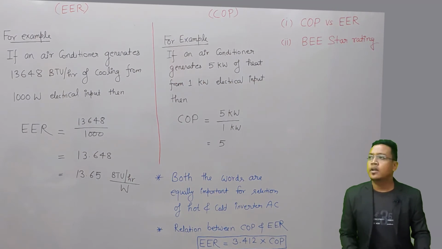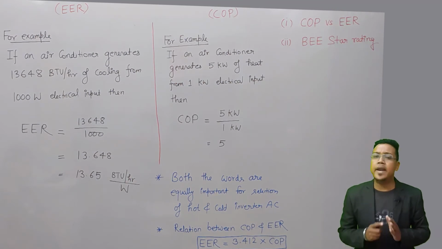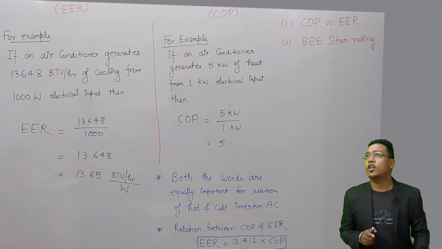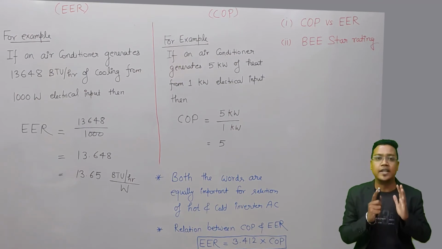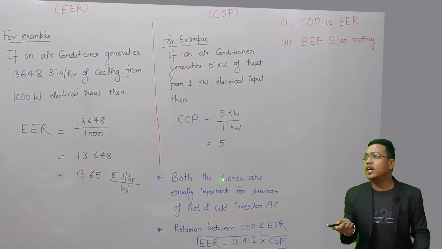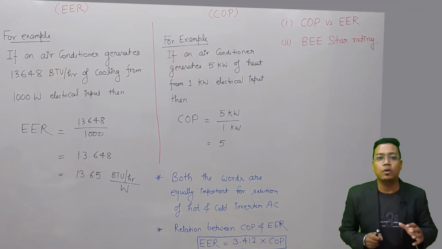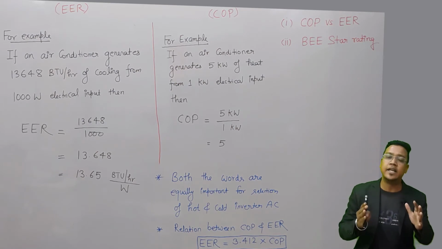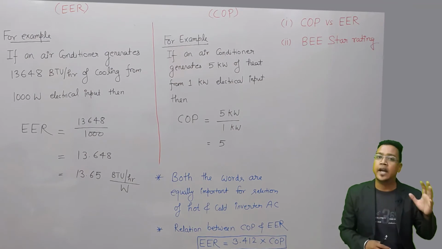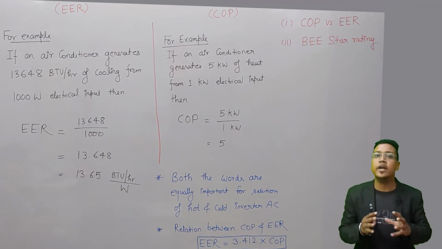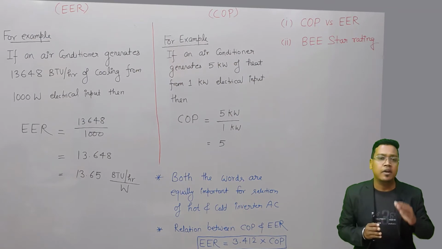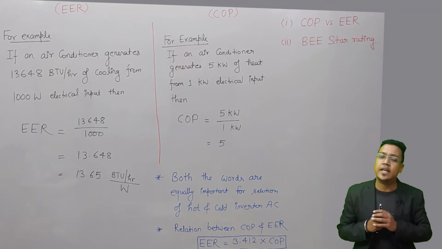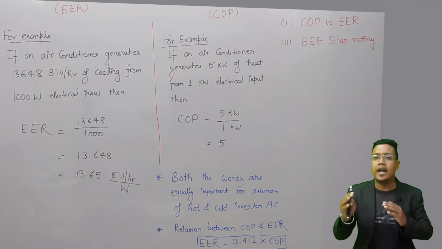Okay friends. Now, remember here there are two important things for EER and COP. What are these two things? Both the words are equally important for selection of a hot and cold inverter AC. Remember this thing. If you go to the market to buy an air conditioner and you are selecting an AC which has both the facilities, heating and cooling, that is the inverter based technology, that AC has EER and COP.